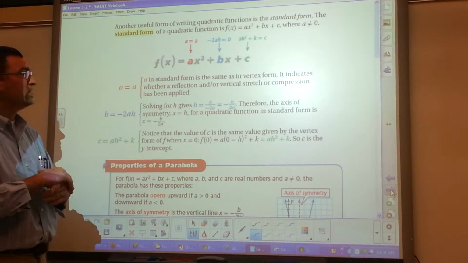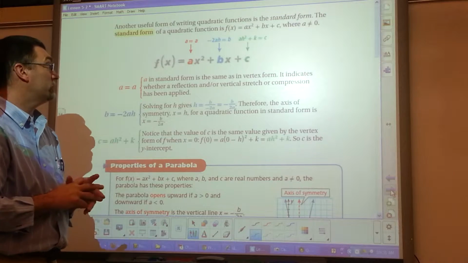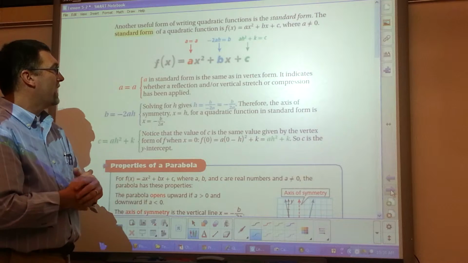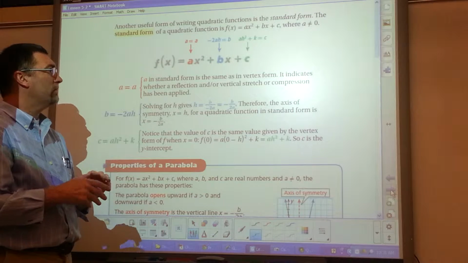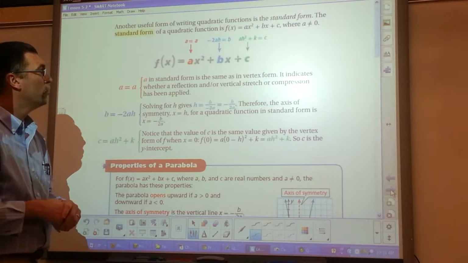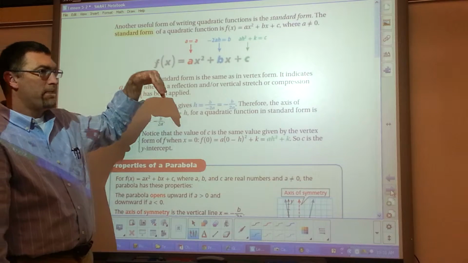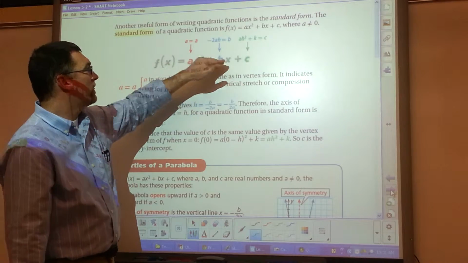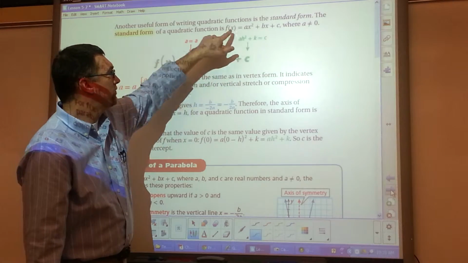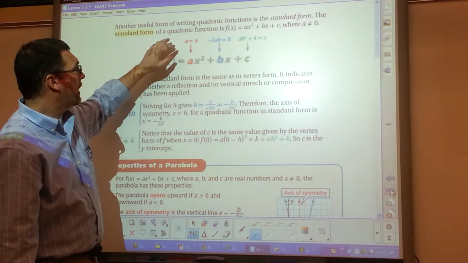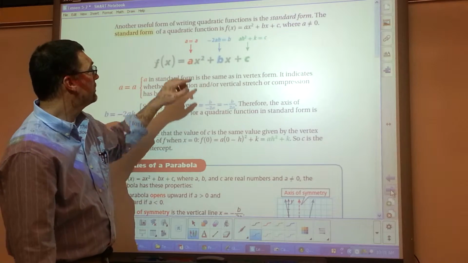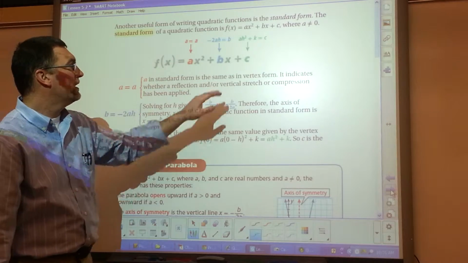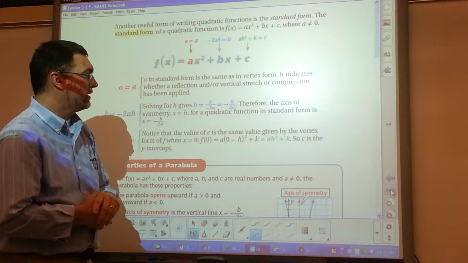Alright, so now we're going to talk about the standard form of a quadratic function. Standard form is f of x equals ax squared plus bx plus c. If I took vertex form and transformed it and multiplied it out, I would get the standard form, where a is still the same, b would be equal to negative 2 times a times h, and c would be ah squared plus k.